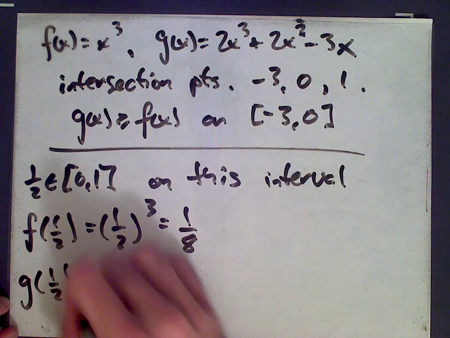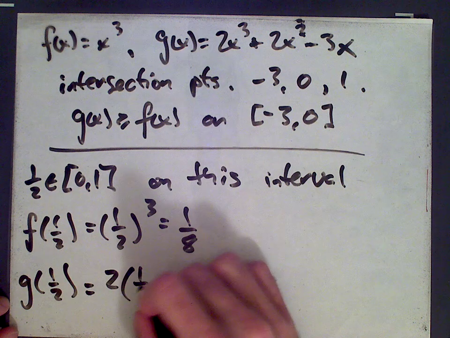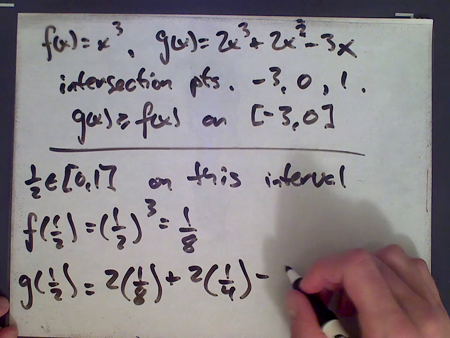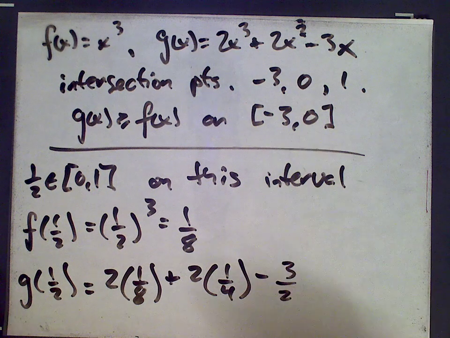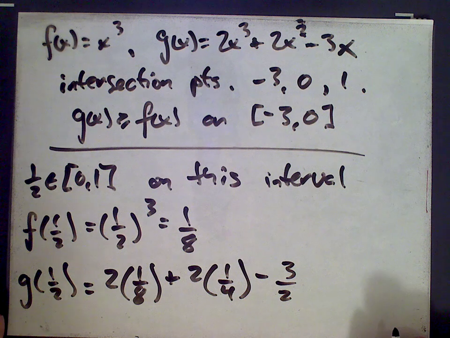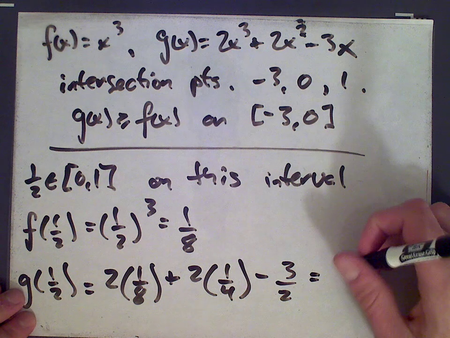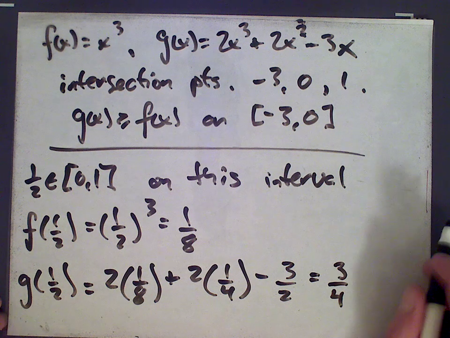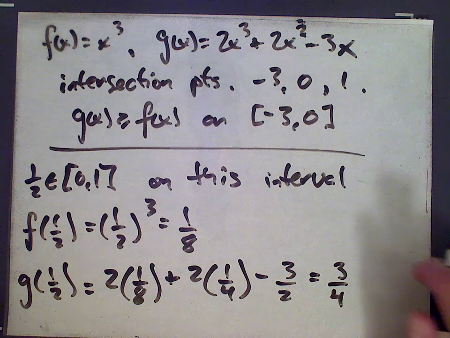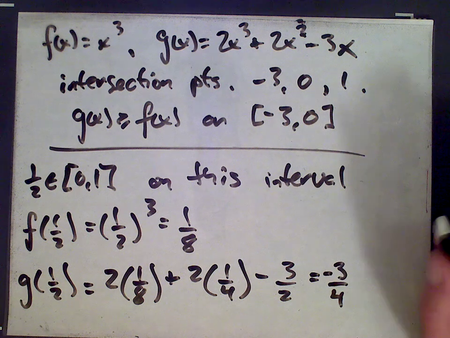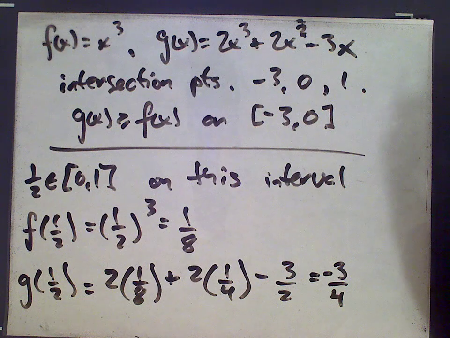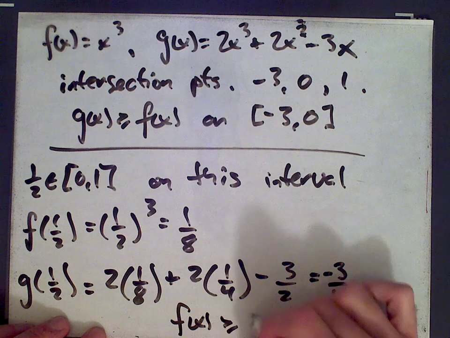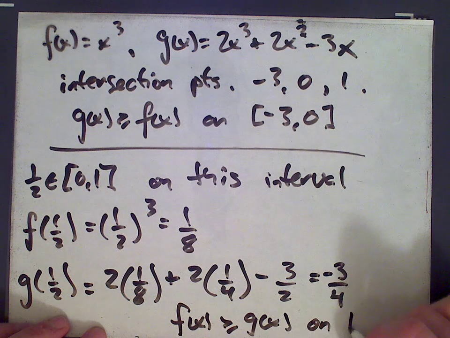And then g of 1/2 is 2 times 1 over 8 plus 2 times 1 over 4 minus 3 over 2, which ends up being, if you calculate it, 3 over 4. Sorry, there should be a negative sign here. It's -3 over 4, which means f of x is bigger than g of x on the interval from 0 to 1.